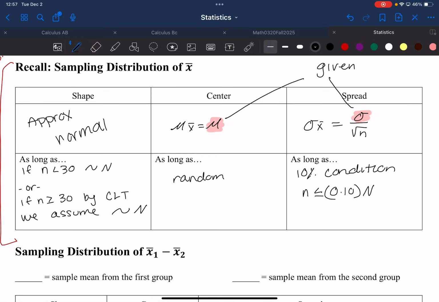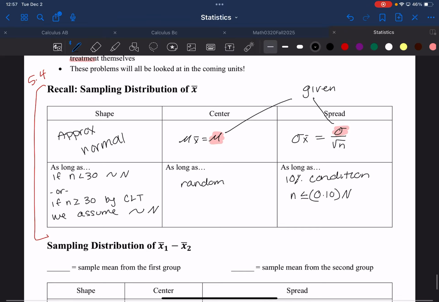So this was pretty much a recap of 5.4. And then, of course, after you went through all of this, you talked about how sampling distributions of sample proportions are used for categorical data. And sampling distributions of sample means is used for what?